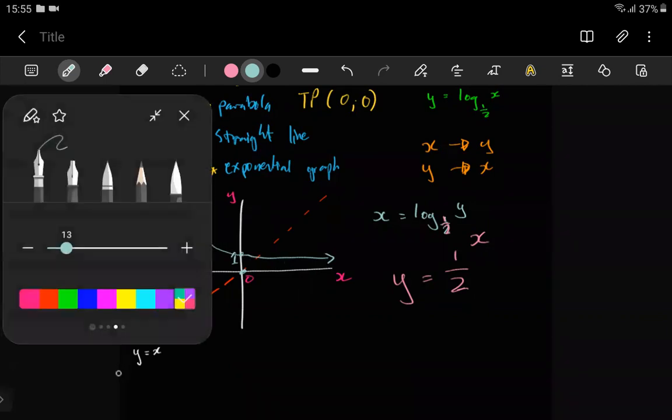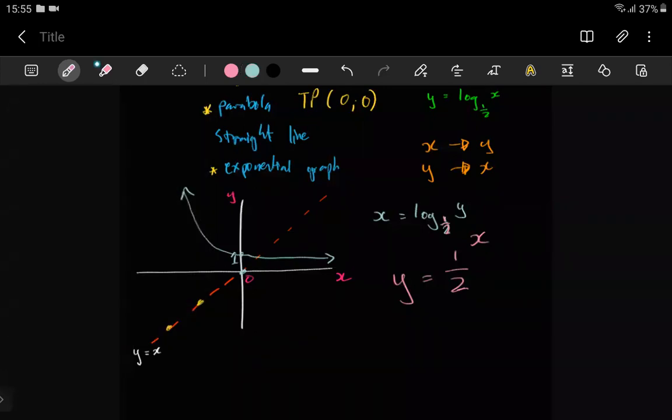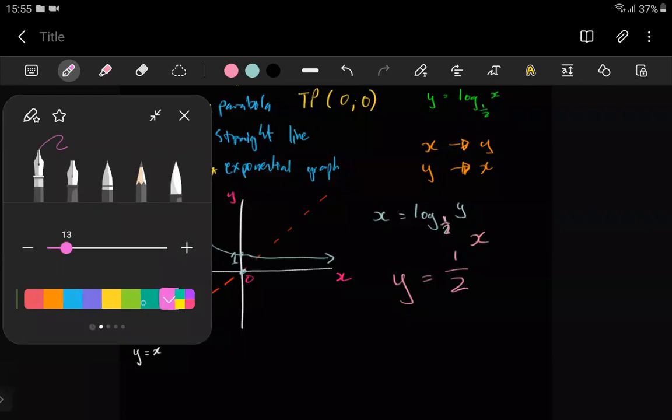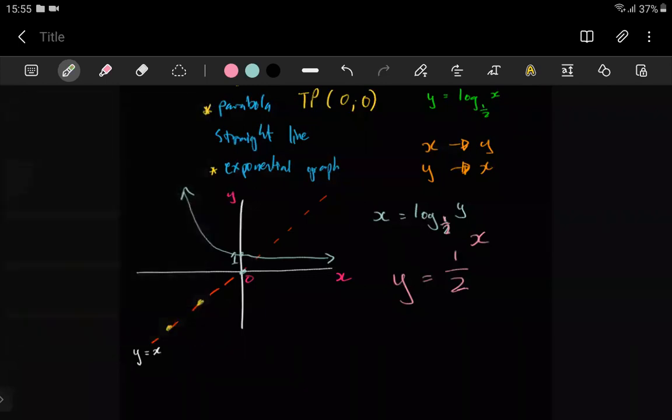And here's why. This is all you do when you need to draw the inverse. You just need to make use of your line of symmetry. Your line of symmetry is all you need. And this is what I mean. Remember with the line of symmetry, it's all about using it to see the image on the other side.